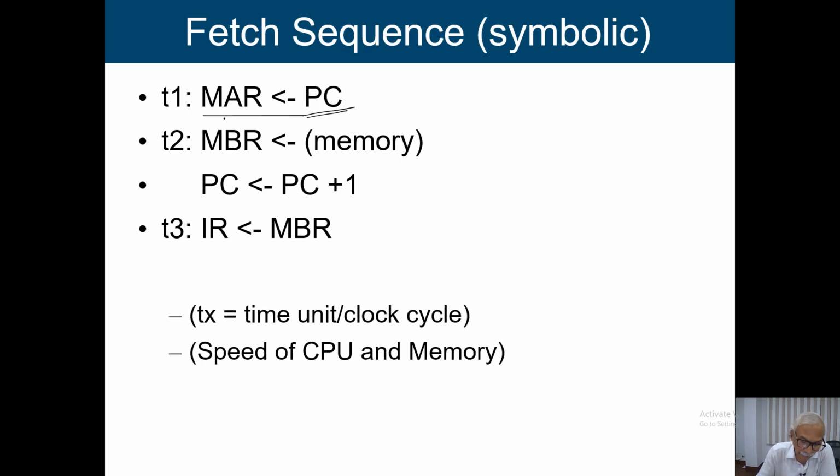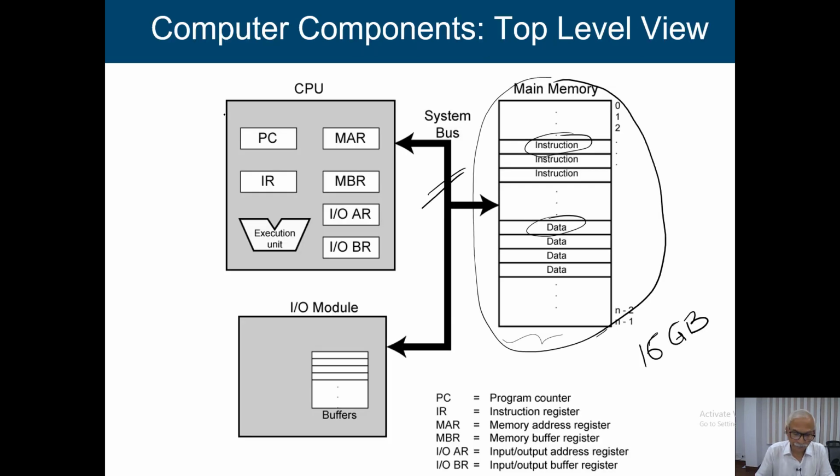That will be placed in the MAR. Already I have mentioned that these are the interfacing registers, MAR and MBR. First we put the information in MAR, then the address will be given to the memory location, and whatever we get from the memory location will be placed in our MBR.